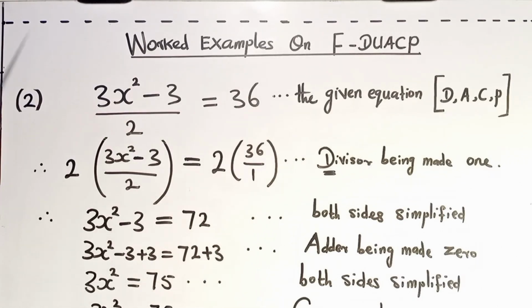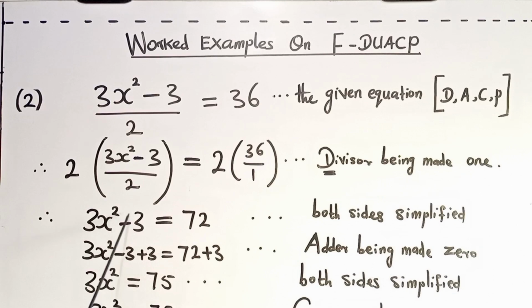Next is to apply this next skill, which is making the adder become 0. 3 is the adder here, or minus 3 is the adder. See me as I get this adder to be equal to 0. Please, how do we make it become 0? Add to it its additive inverse.